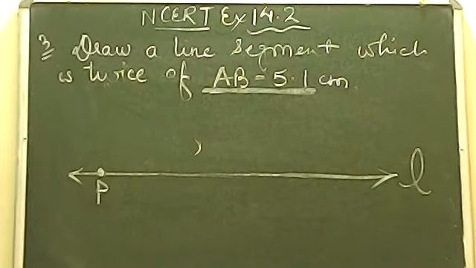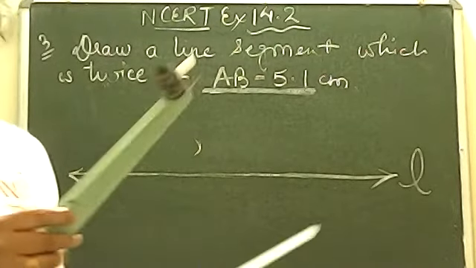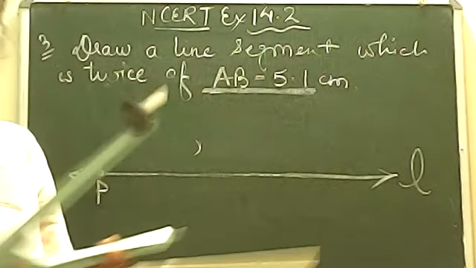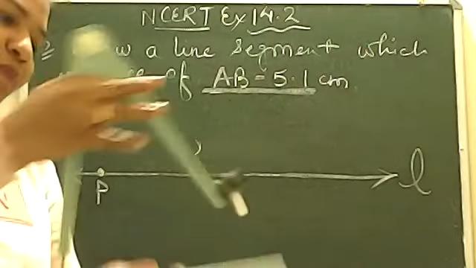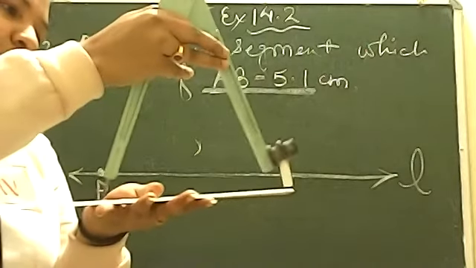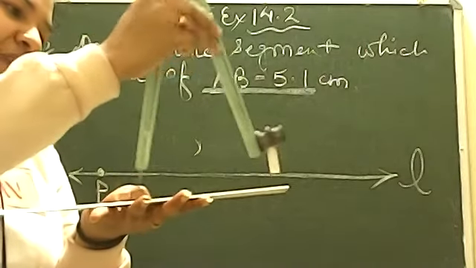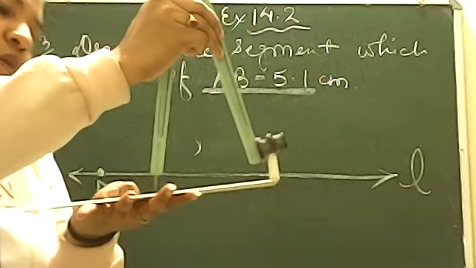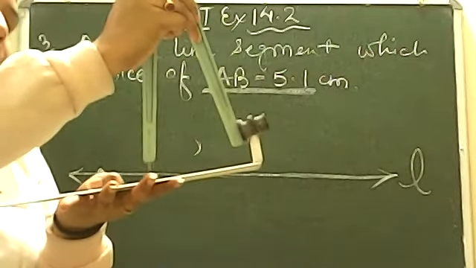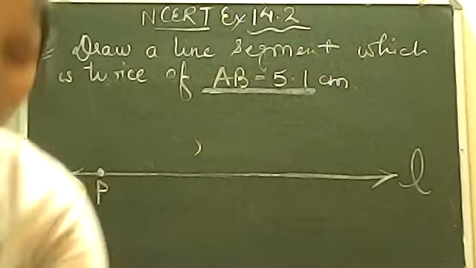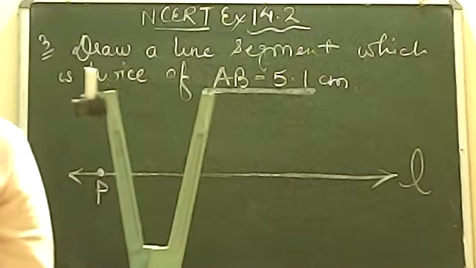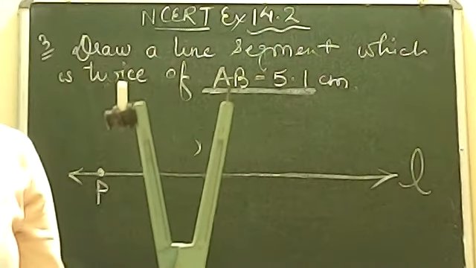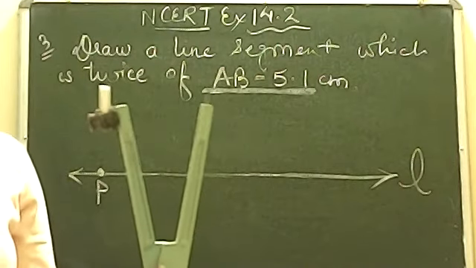Now what I will do, I will be simply taking my compass and I will be opening it and measuring till 5.1. Okay, I measured 5.1. This is my 5.1. Now what we have to do, we have to make twice of 5.1.